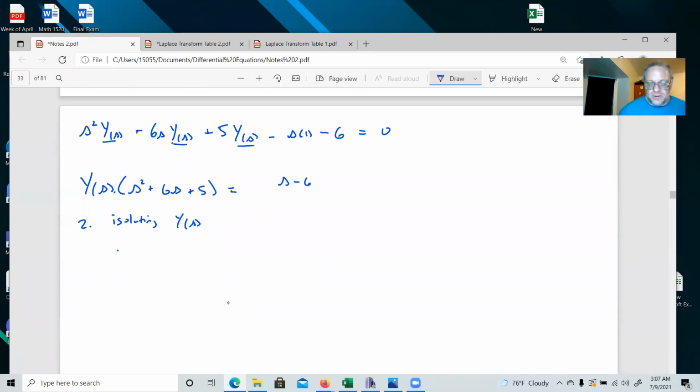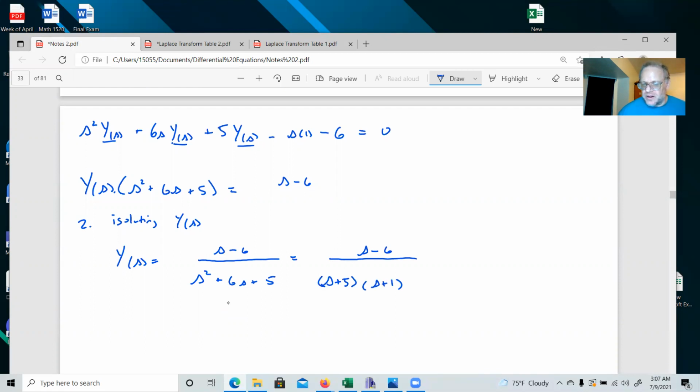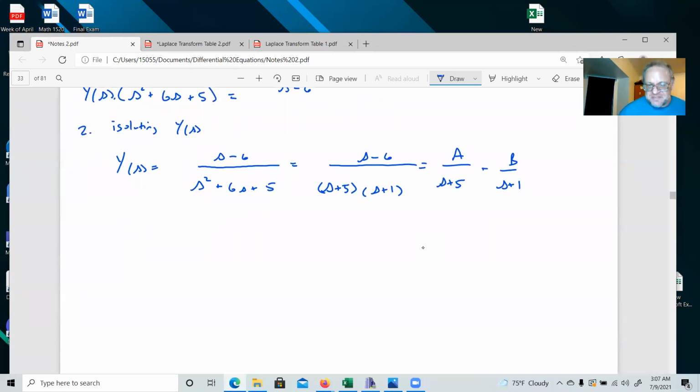So we have Y of s is equal to s minus 6 over s squared plus 6s plus 5, which is s minus 6 over s plus 5 times s plus 1. This is A over s plus 5 plus B over s plus 1, because it's not a Laplace transform problem unless we get to do partial fractions.